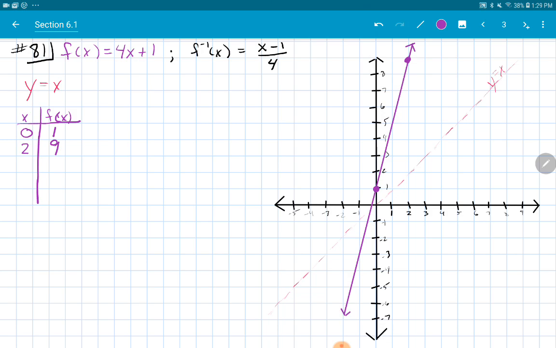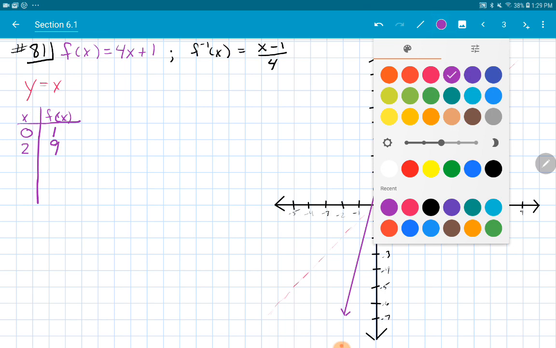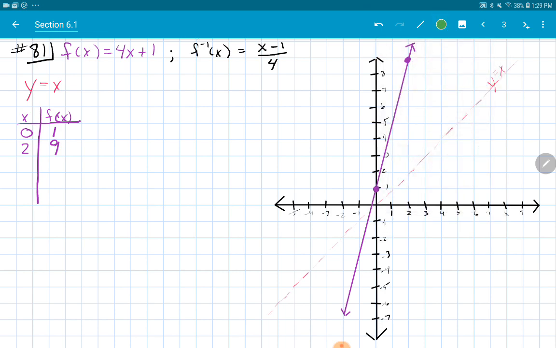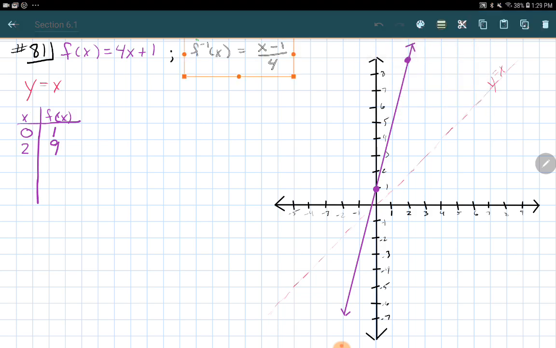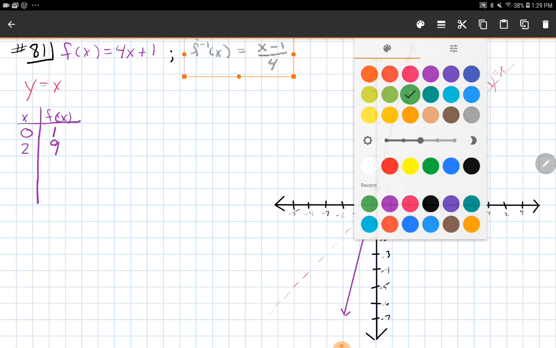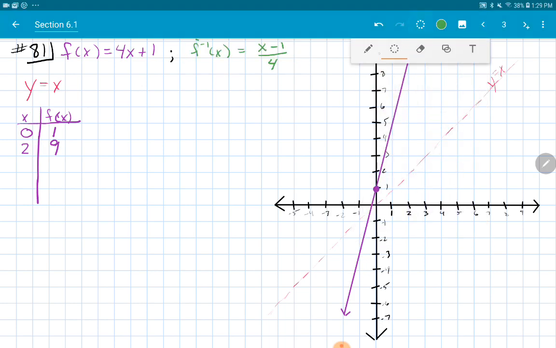And then let's do the inverse, in this bright green color. Let's do a little XY table for this one. If I plug in 0, I get negative 1/4.